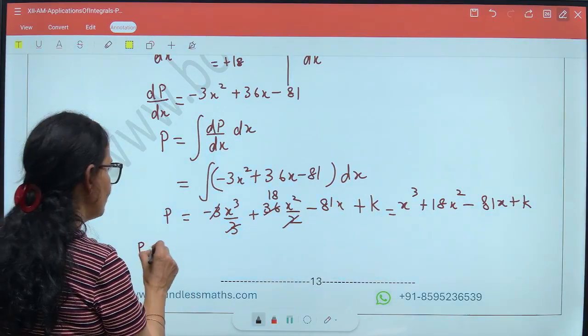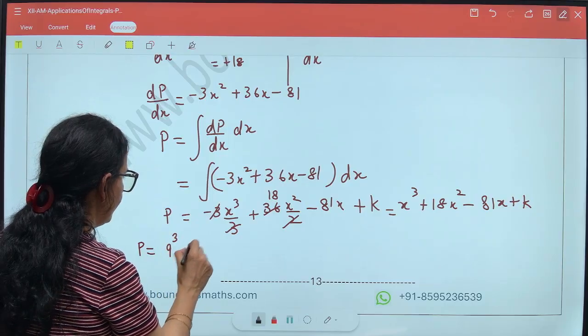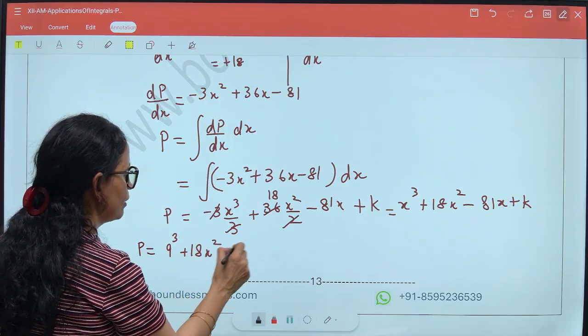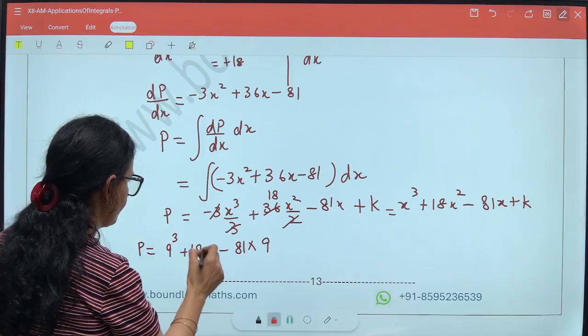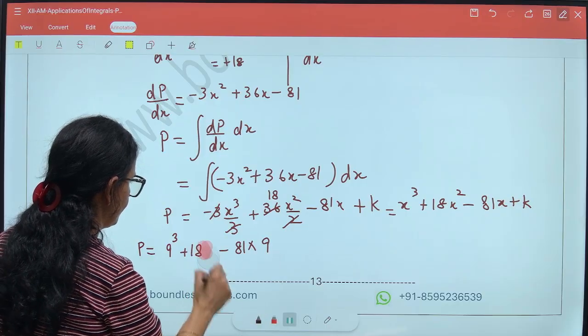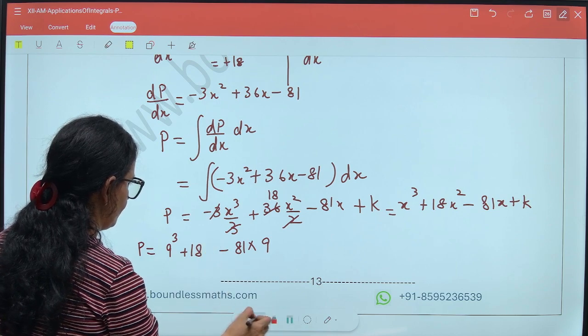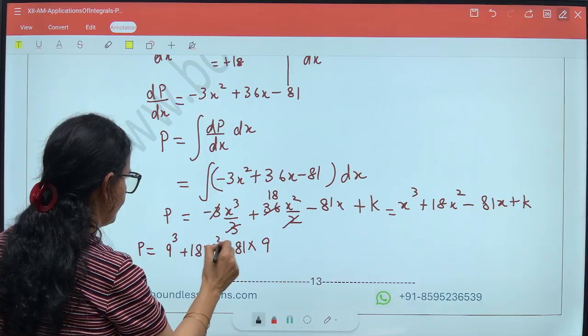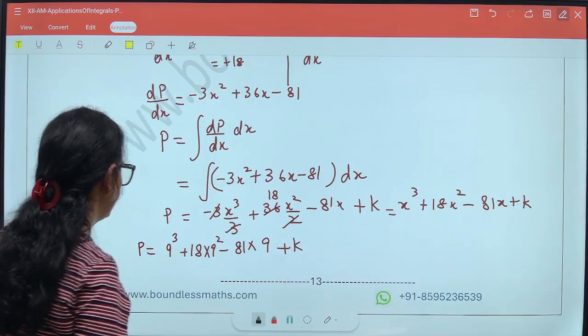So what is the profit at x as 9? Minus 9 cube plus 18x square minus 81 into 9 plus the constant of integration.